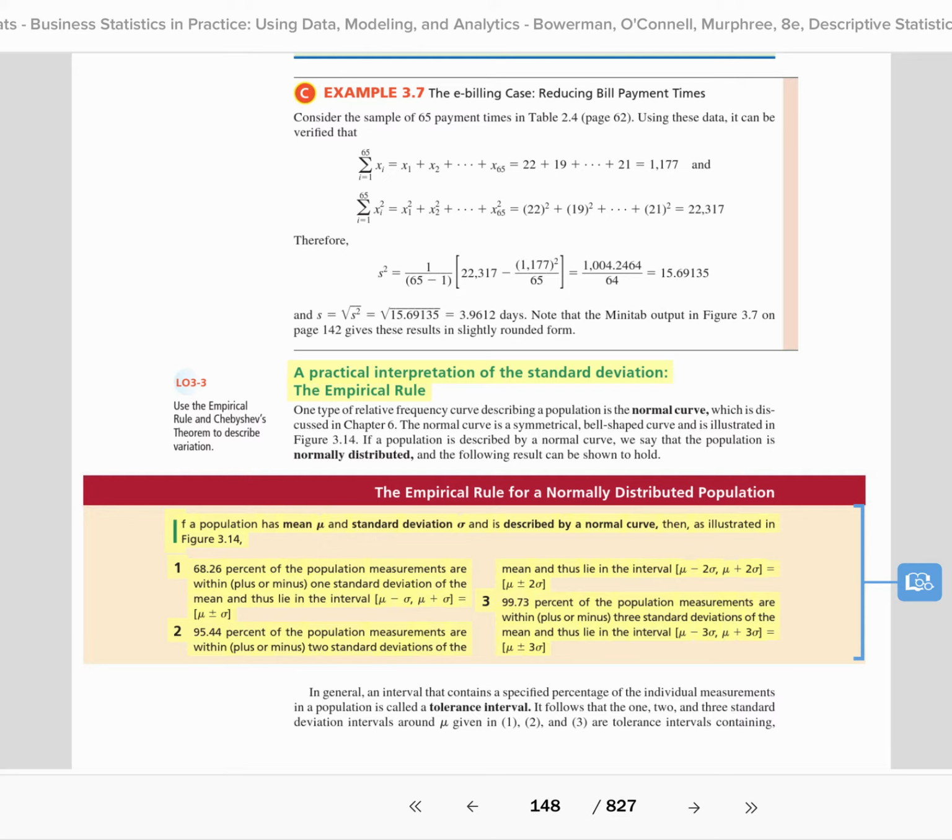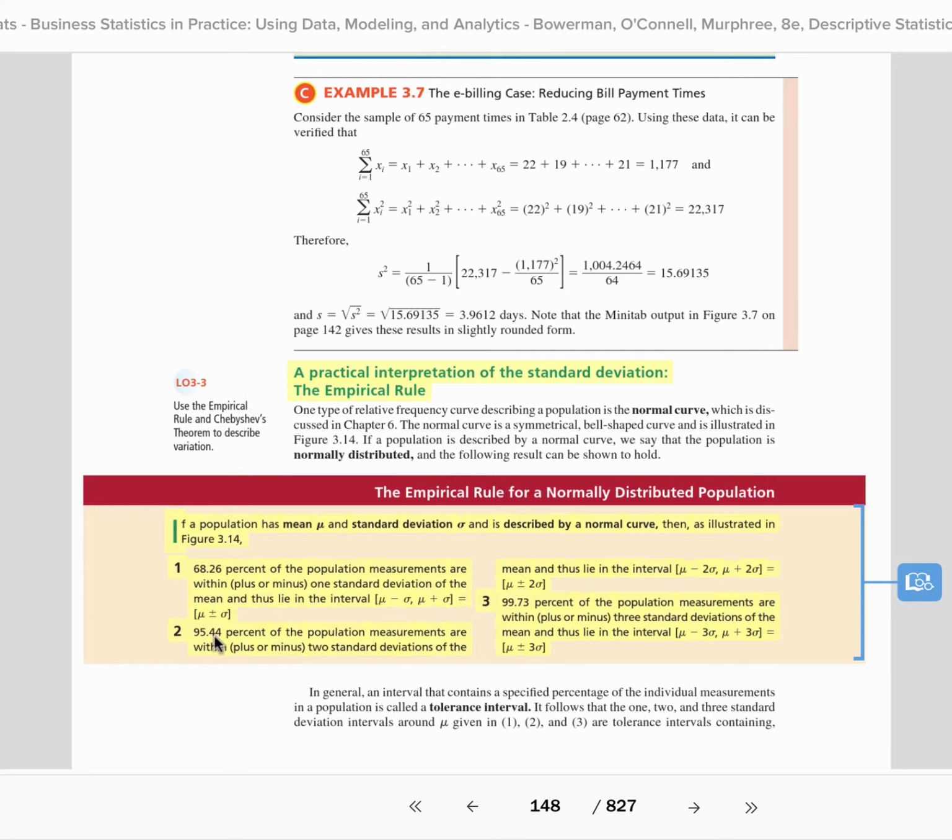And it says the following: from the mean, plus or minus one standard deviation, left or right, you can obtain about 68.26% of the whole data you have. That's very easy to calculate.